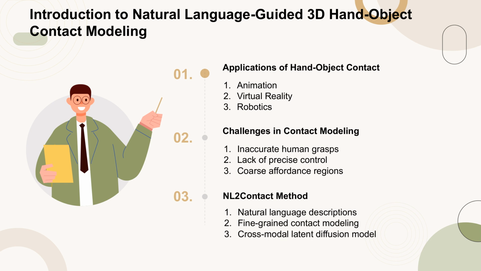This method allows for more precise and controllable contact modeling, overcoming the limitations of previous techniques that rely on high-level intent labels or coarse affordance regions. The proposed cross-modal latent diffusion model is designed to generate realistic hand-object contacts from detailed natural language descriptions, providing a new direction for research in this field.